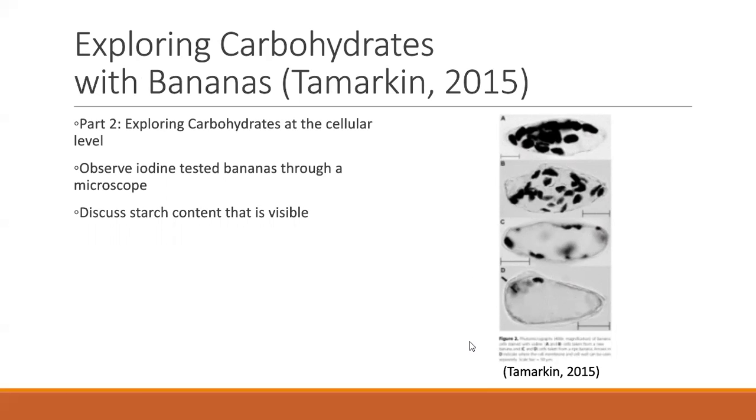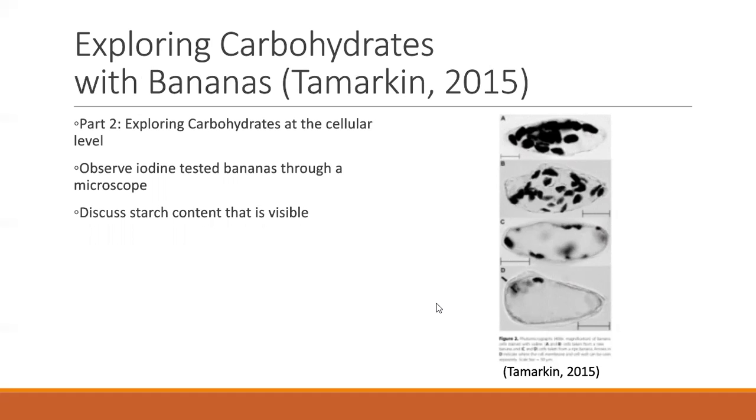Then they're going to go to activity number 2, which is exploring at the cellular level. In this activity, students are going to discover where in the banana the starch is found. They're going to observe the iodine tested bananas through a microscope.